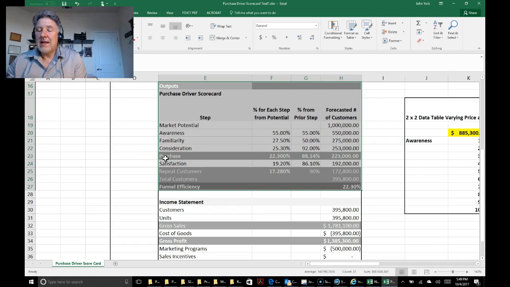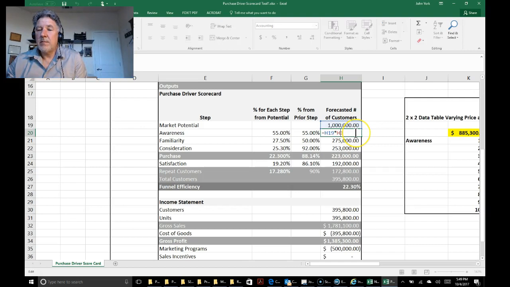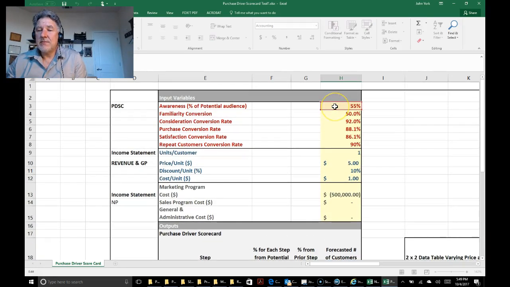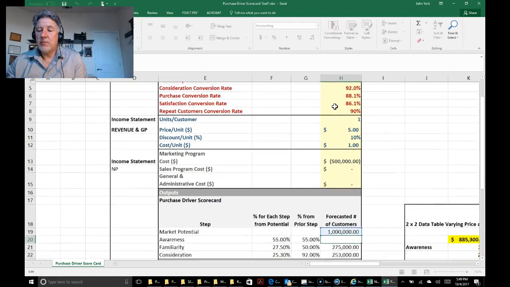And so you go, well, how do I calculate this? And how do we link it to the inputs? If you look here, we open up this cell here for awareness. What you see is forecasted customers, which is the market potential, but it links back to the awareness cell where you could input awareness.